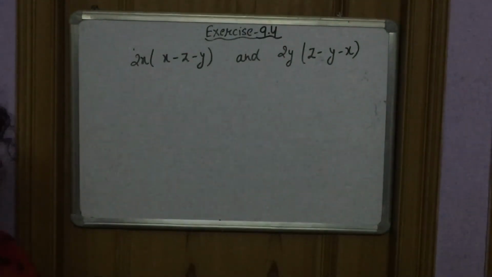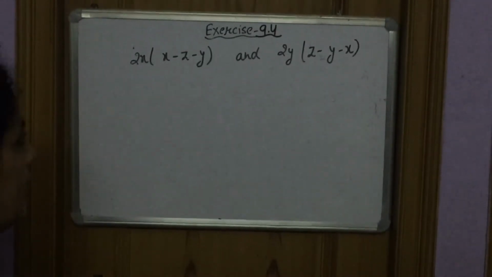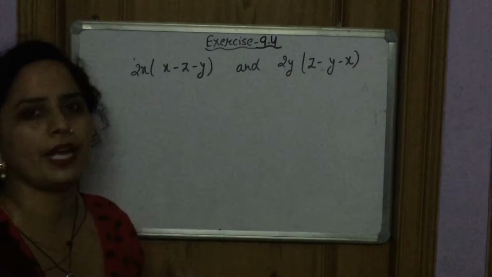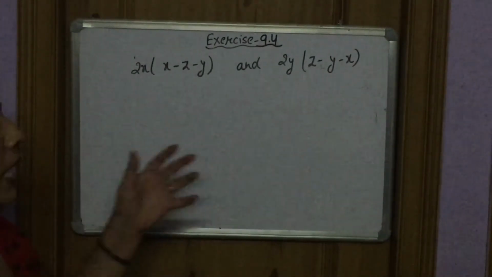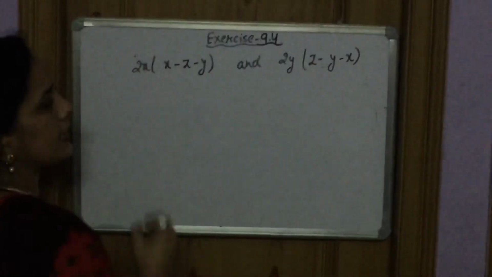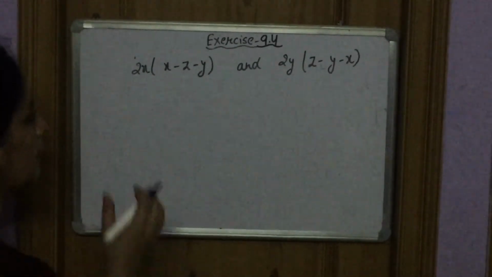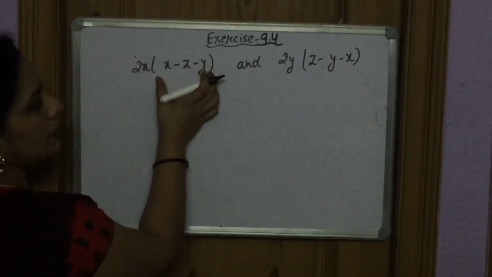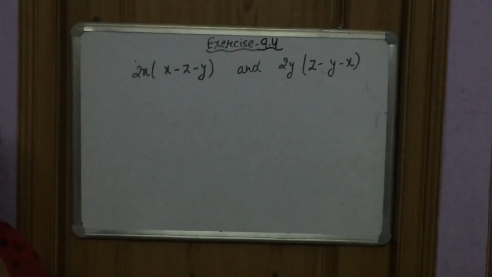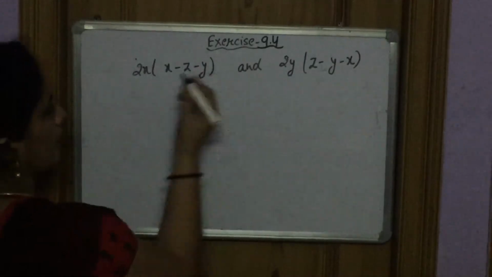We have to add these terms. Here we can see that in both of the terms we have brackets. So before adding these terms, first of all we have to remove the brackets. That means we have to multiply a monomial by a trinomial, monomial by a trinomial. After that we will add these terms.